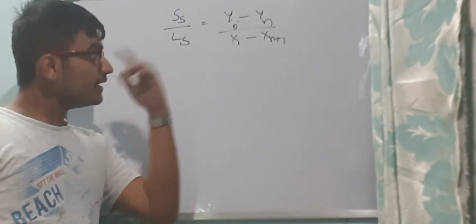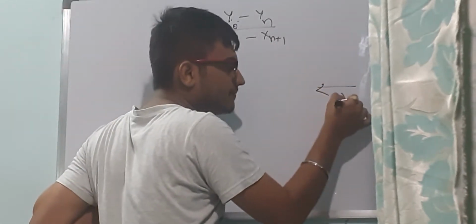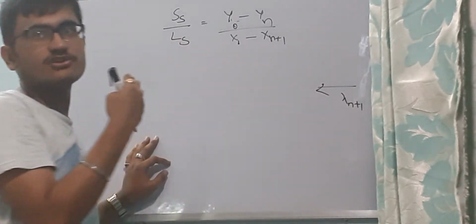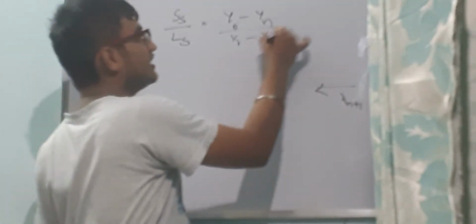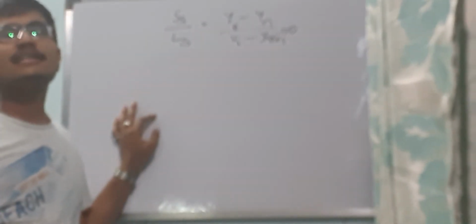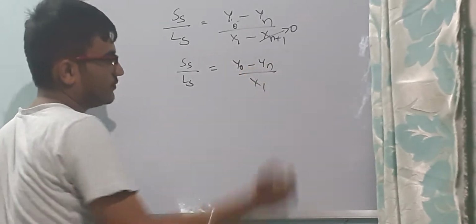Now, generally the initial adsorbent composition will be 0, right? In counter current flow, xn plus 1, as we have just seen in multi-stage, is the entrance of the adsorbent, the initial composition. This is generally 0 because there is no solute settled on the surface initially. So the leftover will be Ss by Ls is equal to y0 minus yn by x1.